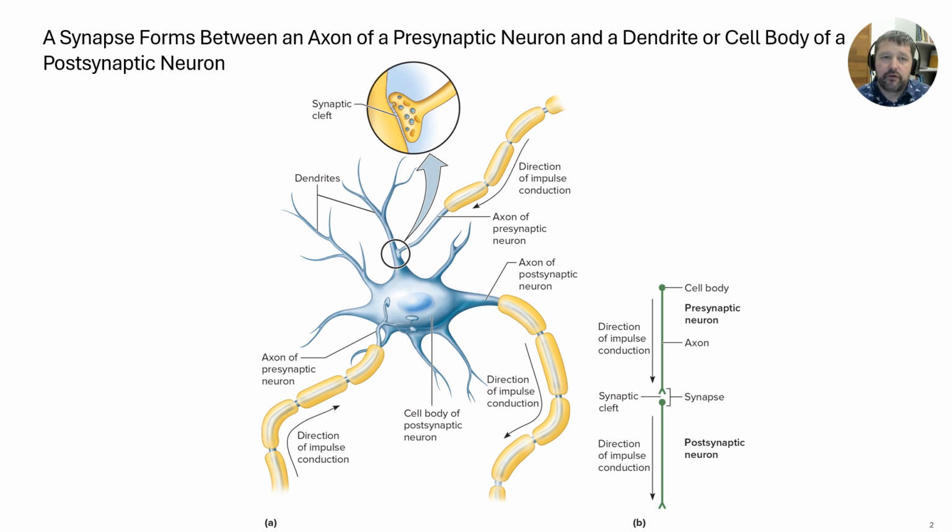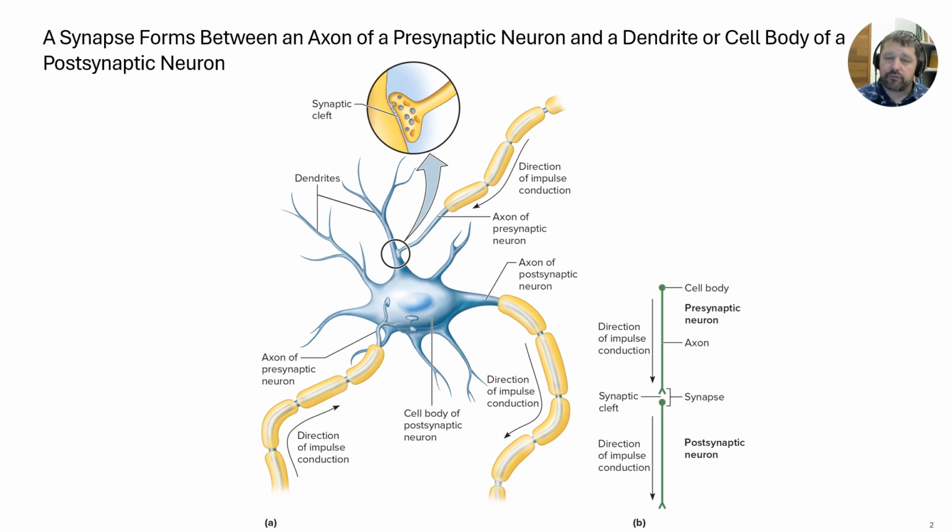Okay, so here you have the presynaptic neuron. So this is the neuron that is going to be sending the signal. So in both cases, we have two presynaptic neurons attached to a postsynaptic neuron. Okay, and they're not technically attached, they're just really close to each other. There's a little space called the synaptic cleft. And here you can see that the neurotransmitters are being released into the synaptic cleft.